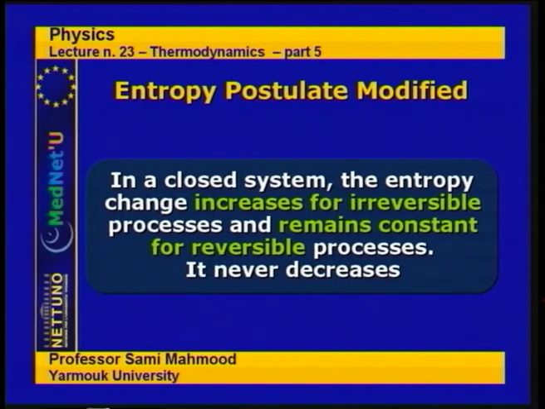And the modified entropy postulate reads: in a closed system, the entropy change increases for irreversible processes, and the entropy change remains constant for reversible processes, but the entropy never decreases.